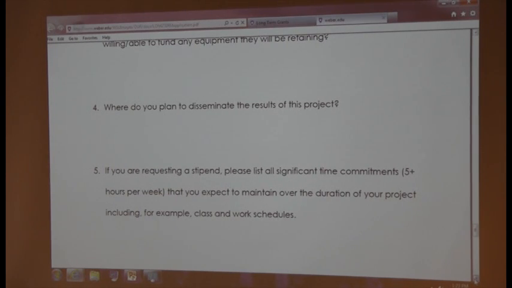That should be your goal right off the top. Now, not everybody will make that, but certainly that should be your goal. That you want to get a publication before you're done. And that happens quite frequently here. And then here's the section that I described earlier about your time commitments for those of you that are requesting stipends.